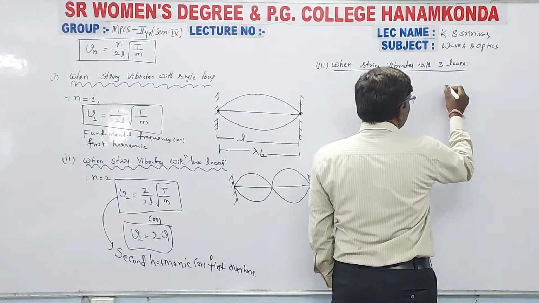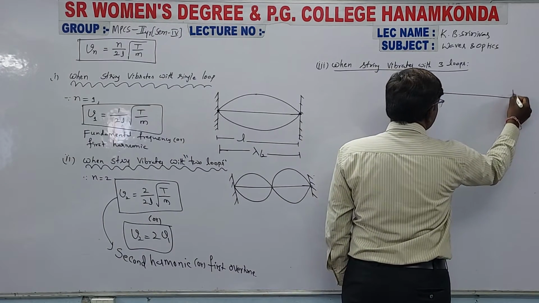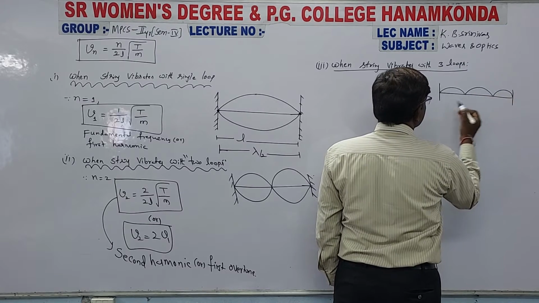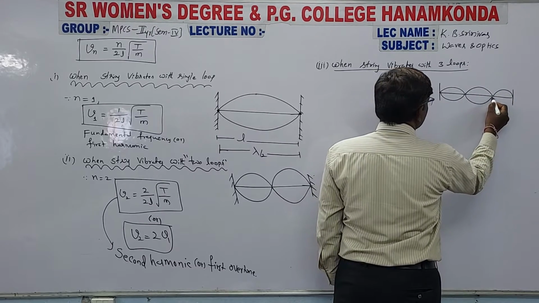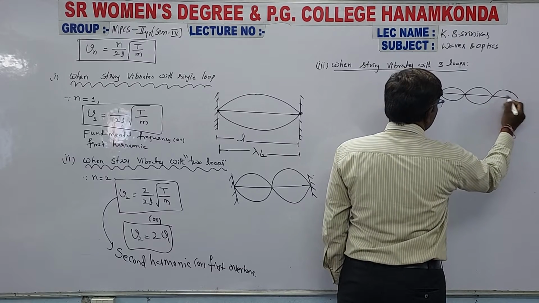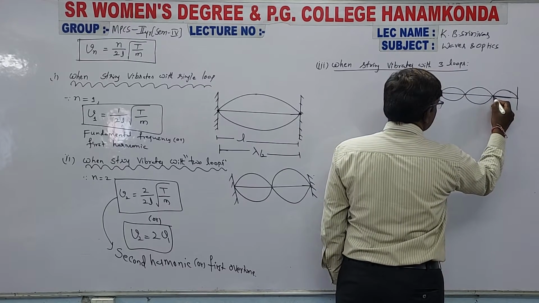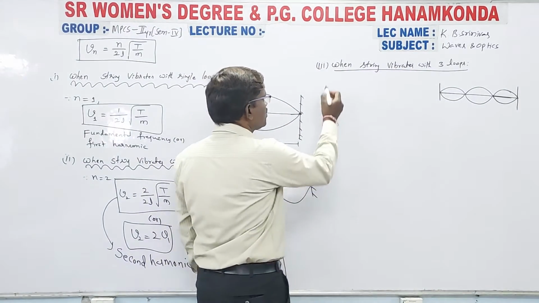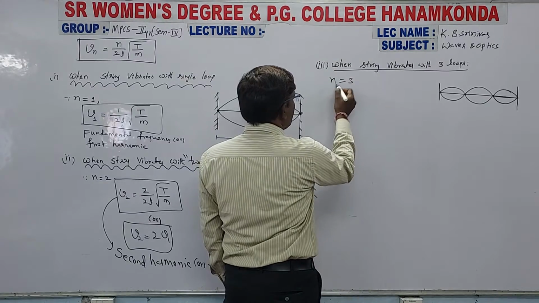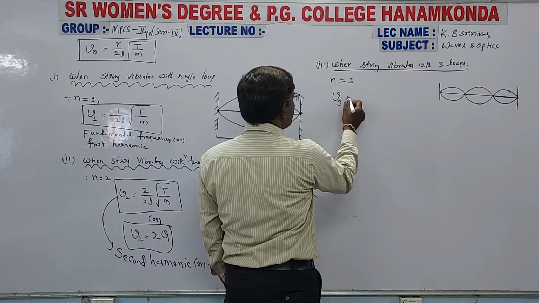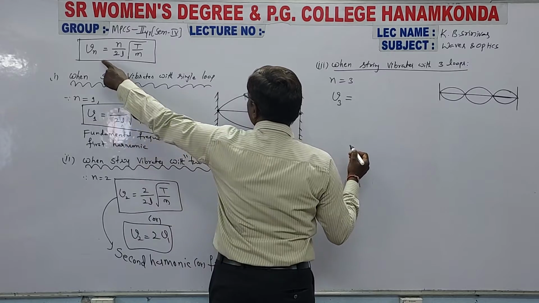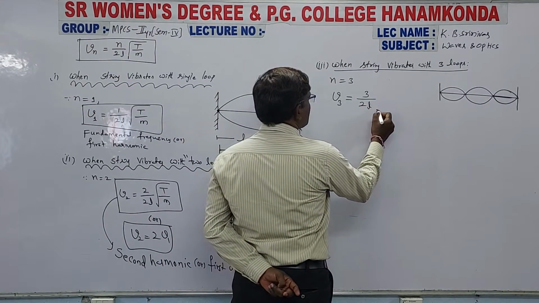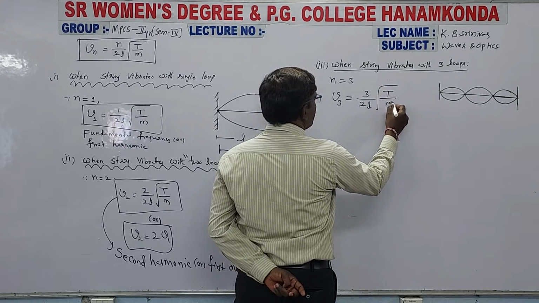This is the string which is vibrating with 1, 2, 3 loops. Therefore, n is equal to 3. When n is equal to 3, nu n becomes nu 3, which is equal to 3 by 2L under root of T by small m.